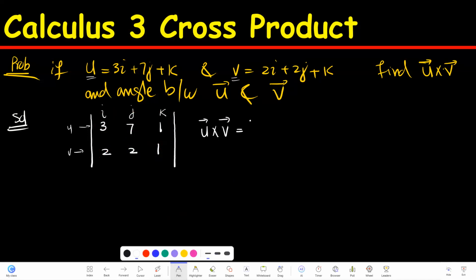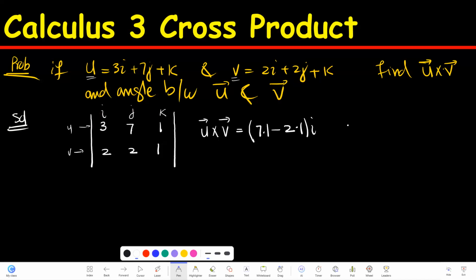So basically, I'm going to be doing the i first. So I'm going to take 7 times 1, right? 7 dot 1, not 7.1. I'm multiplying minus 2 dot.